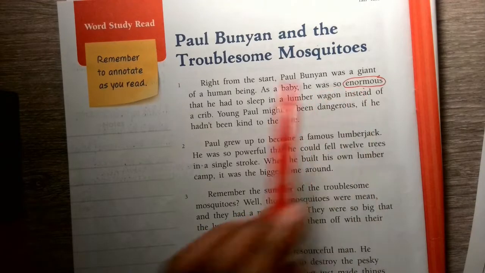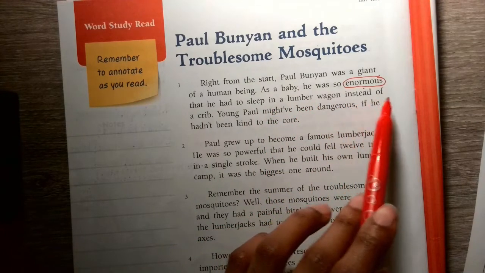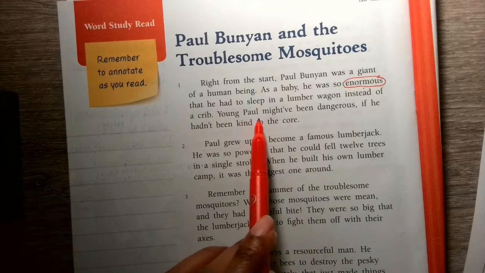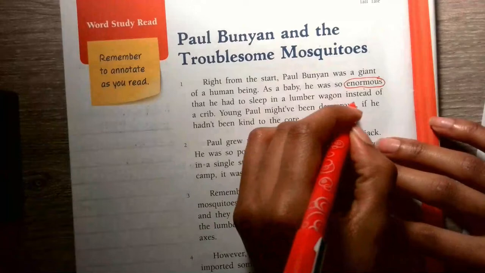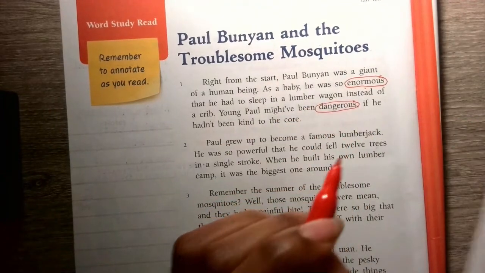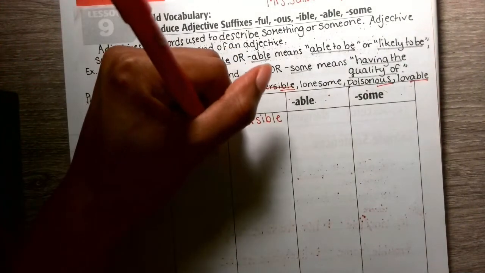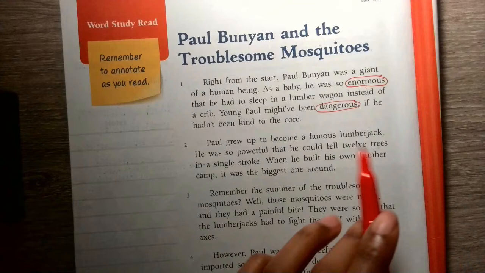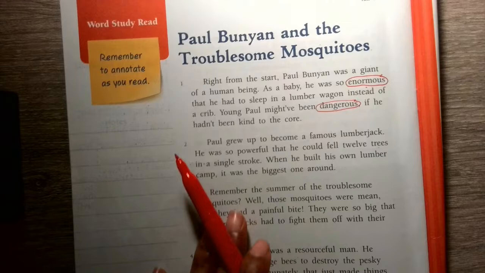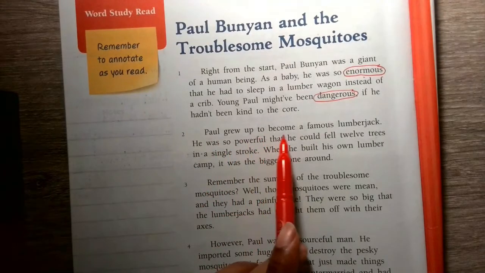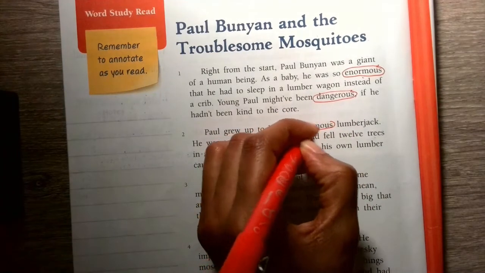He was so enormous that he had to sleep in a lumber wagon instead of a crib. Young Paul might have been dangerous, going to immediately write it on my chart. If he hadn't been kind to the core. Paul grew up to become a famous lumberjack. We're having a lot of -ous's today.